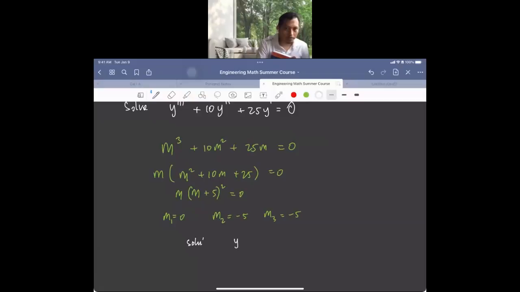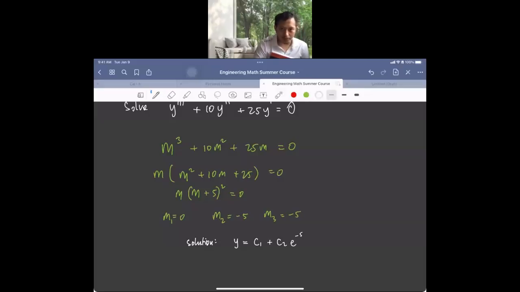Okay, we can propose our solution. Because m is 0, there will be no exponent, or exponent with power of 0, it's just 1, right?